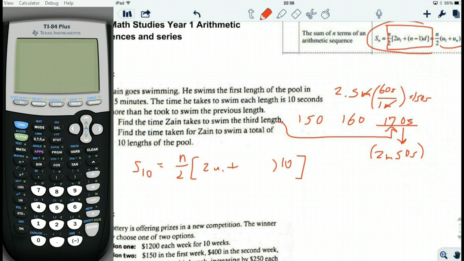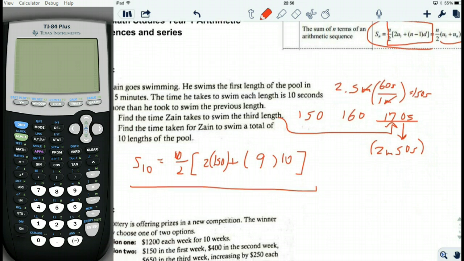Because that's how many lengths he's swimming. So n minus 1 is 9. We do know that the first lap, or the first length, takes 150 seconds. So u1 is 150. Okay? And n, again, is 10. Okay?